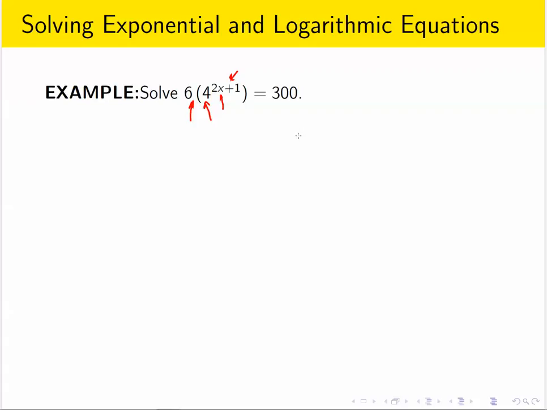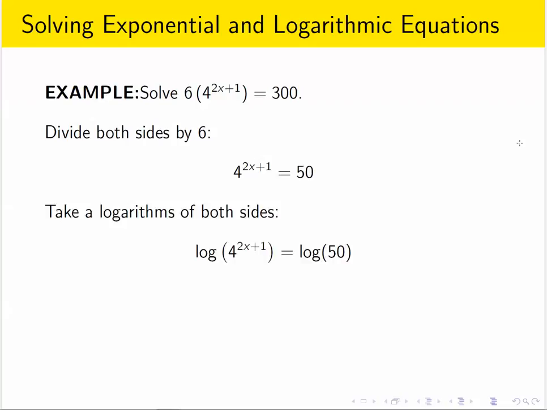So in order to isolate x, we're going to reverse the order of those steps. So the first thing we'll reverse is the multiplying by 6. That means the first step in our algebra is to divide both sides by 6. Then we want to undo this exponentiation, and to do that we're going to apply logarithms so that we can bring the exponent out front.